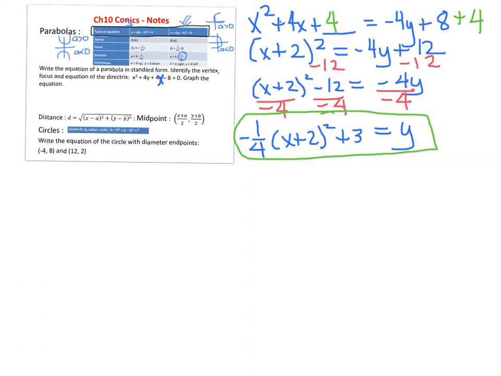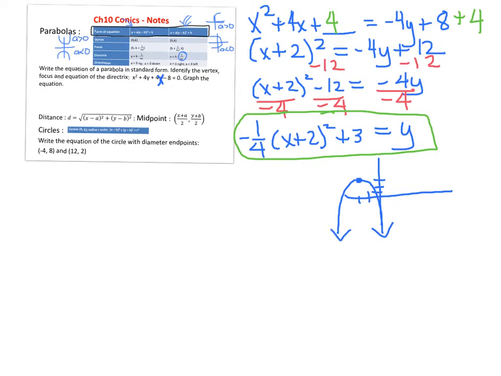To graph it from that, that means I would have a vertex at negative 2, positive 3. So negative 2, 1, 2, 3. There's my vertex. Because it's y equals, but that's a negative 1/4, the negative says I'm going to go down.